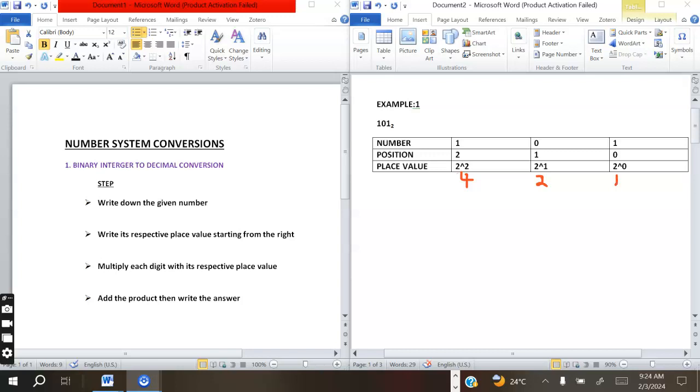Remember the rule? The rules of indices. Any number raised to power 0 is always 1.